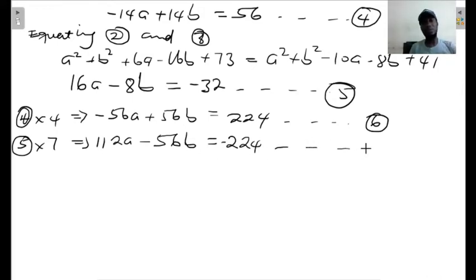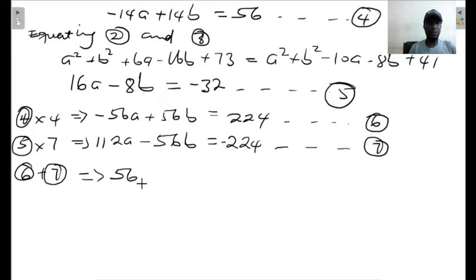And let's make this equation 7. And now, because I want to eliminate this and the signs are different, I add. So equation 6 plus equation 7 is going to give me 112a plus negative 56a is 56a. Then 56b plus negative 56b is 0, of course, because that's what we are eliminating. And 224 plus negative 224 is 0.